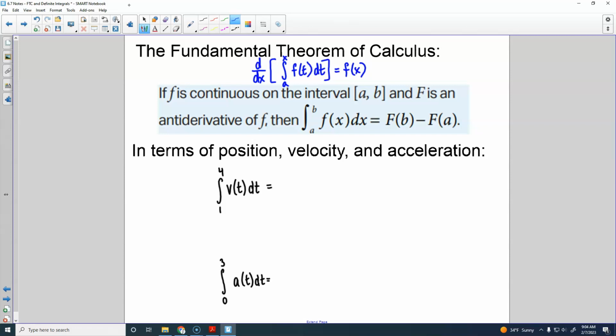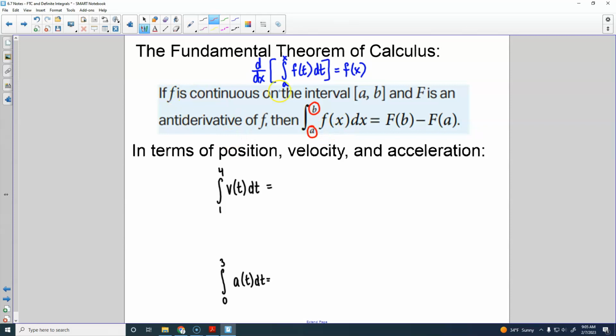So this applies to definite integrals. Definite integrals are ones where we have a to b, and both of these are constants. So we're looking at going from 1 to 4, or 0 to 3, or 7 to 10, right?